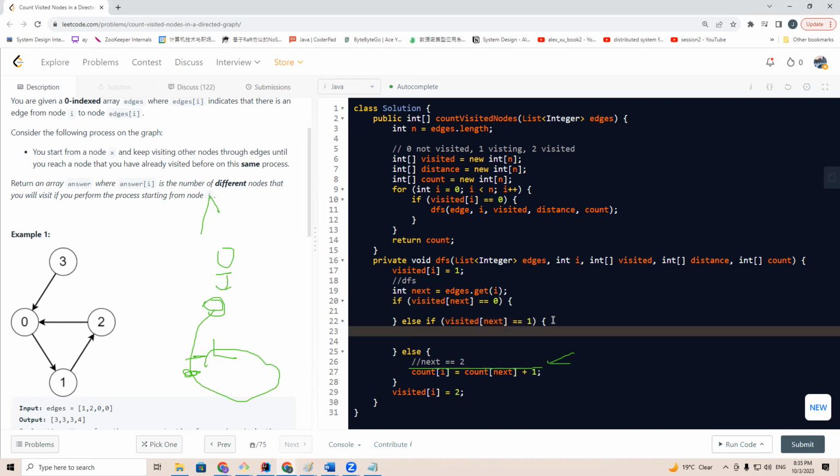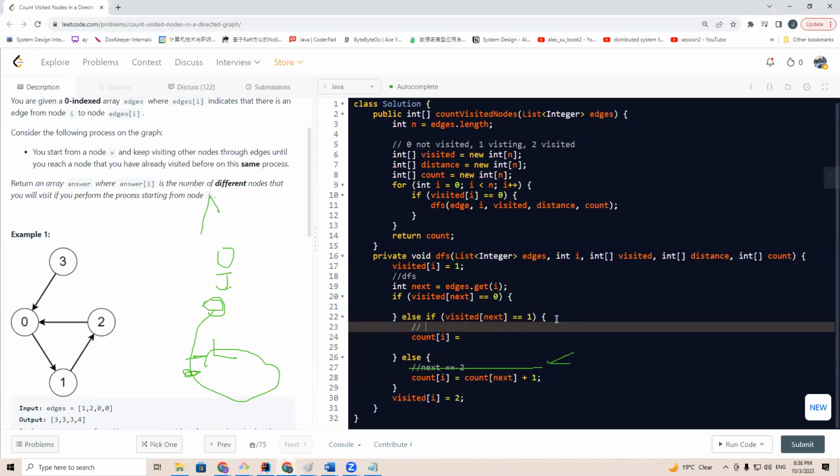So that means our count I equals what? If there is no circle, count next will be count I plus 1, right? But if this one is 1, it means we visited this count next in our previous steps, right?